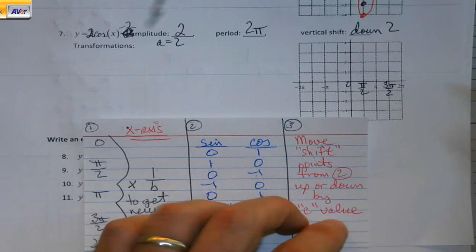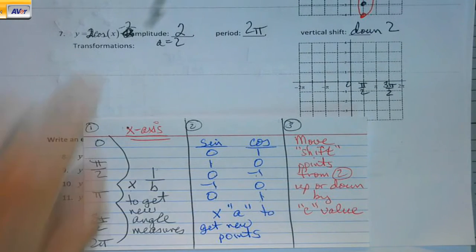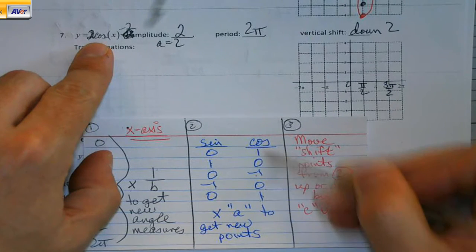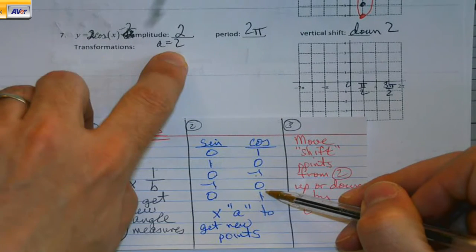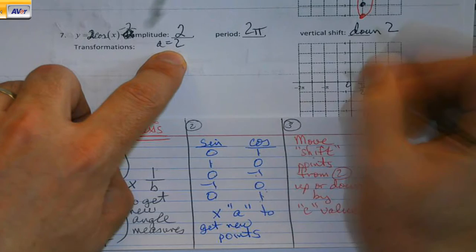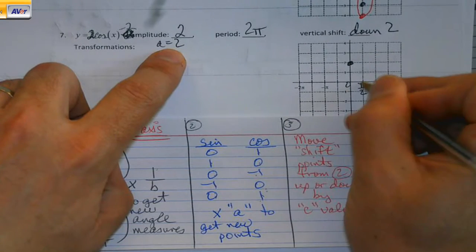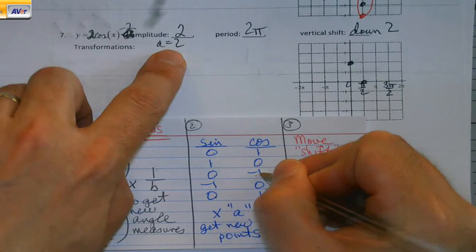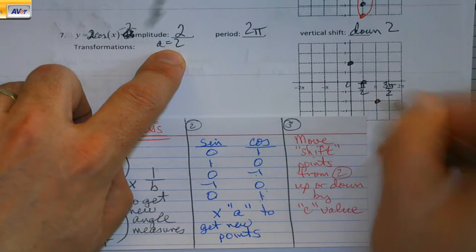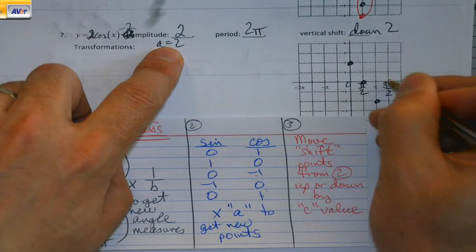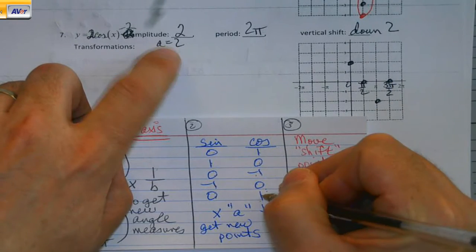So we got some examples. I'm doing cosine this time. My A value is 2. So 1 times 2 is 2. 0 times 2 is 0. -1 times 2 is -2. 0 times 2 is 0. And 1 times 2 is 2.